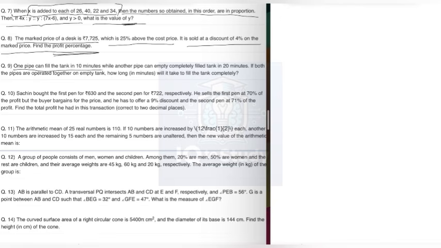One pipe can fill a tank in 10 minutes while another pipe can empty a completely filled tank in 20 minutes. If both the pipes are operated together on an empty tank, how long will it take to fill the tank completely?